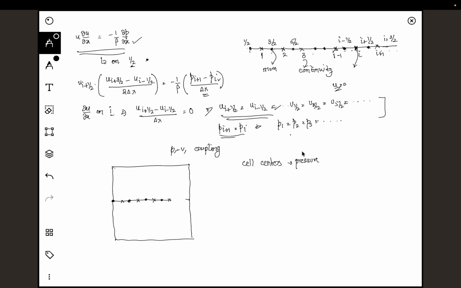Let's have added one more cell also here. So these dots are my phase centers. At these phase centers, we will store the velocity. This is along the one line along x direction. Similarly, I can draw a line along y direction, and I will do the same thing, where I'll have cell centers.